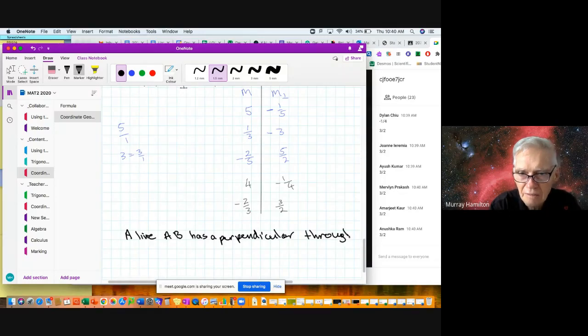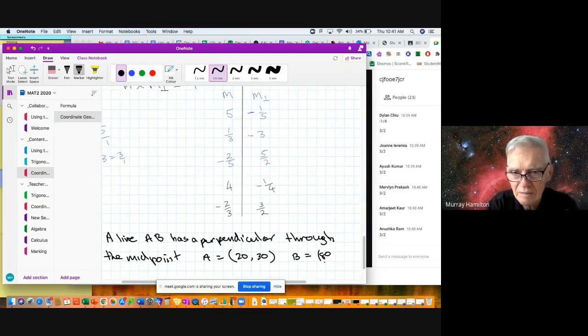So we're going to have to find our midpoint. I'm going to give you A equals (20, 30), and B equals (80, -10).